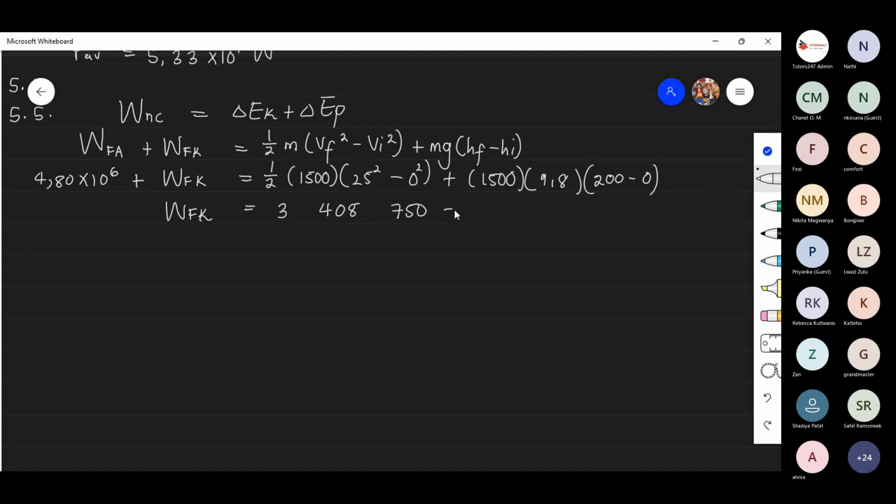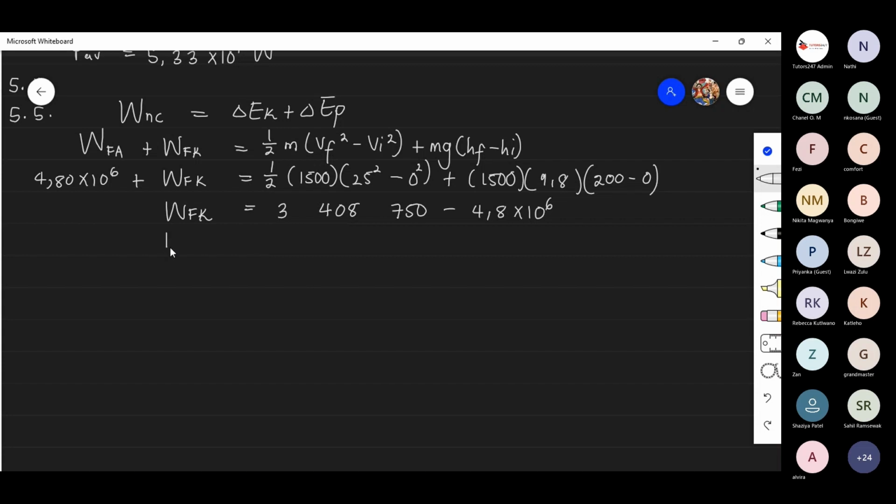So it's now going to become minus 4,8 times 10 to the power 6. Okay, so from this point, I can put the right-hand side on my calculator once again. So subtract 4.8 times 10 to the power 6.